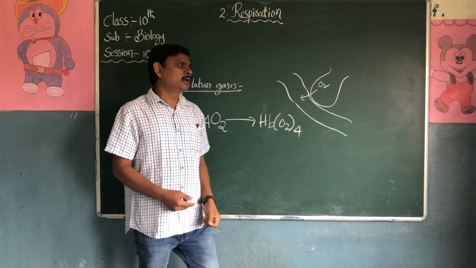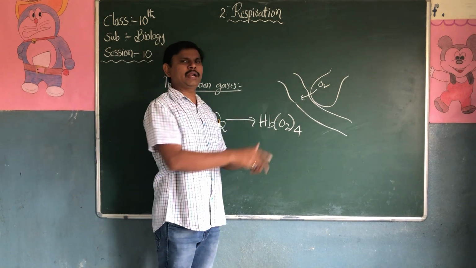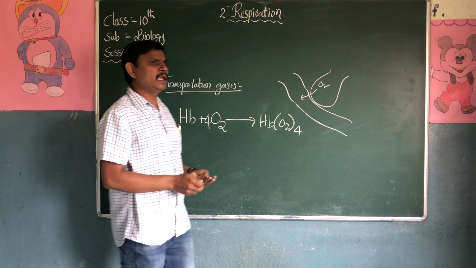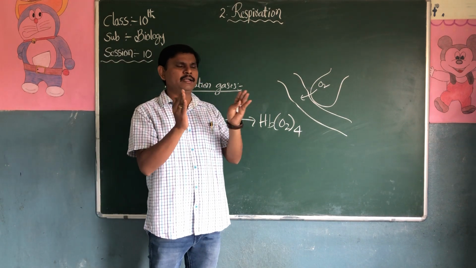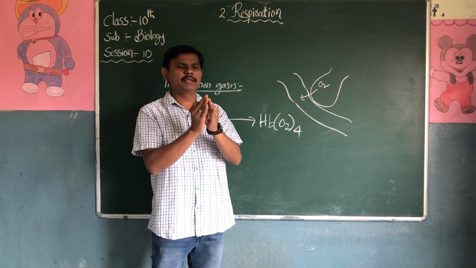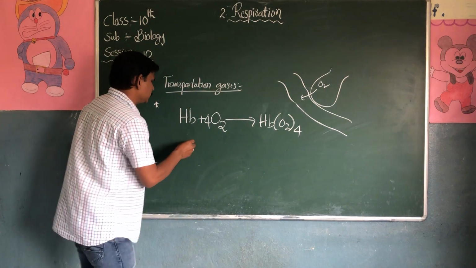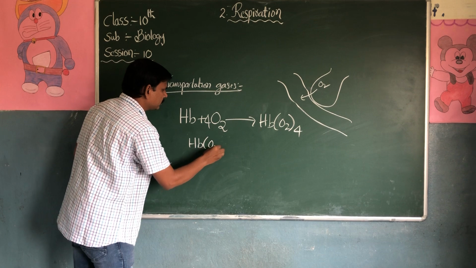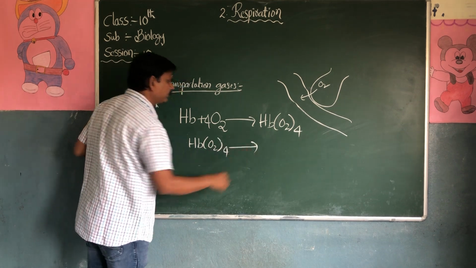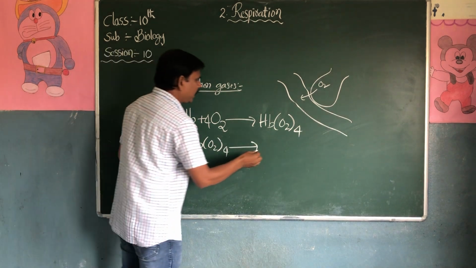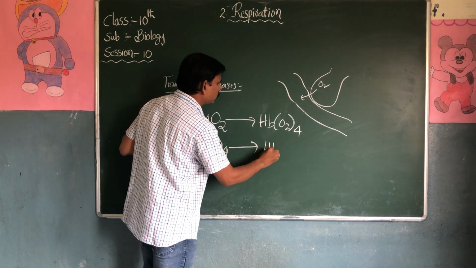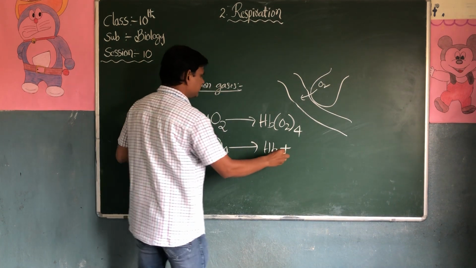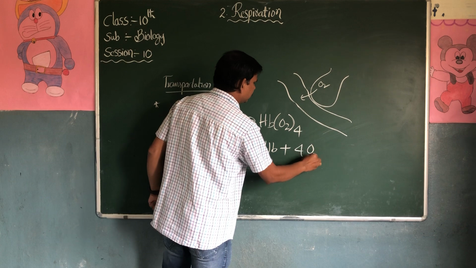What happens when this oxyhemoglobin enters the cell? Again, the oxyhemoglobin will break down and divide to form hemoglobin plus oxygen.